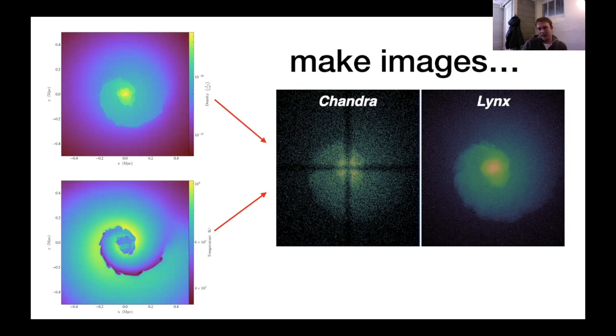And then the right is a hypothetical, hopefully soon to be not hypothetical, who knows, instrument called Lynx, which would be a much bigger bucket to collect a lot more photons, which is why you see a lot more detail over there.